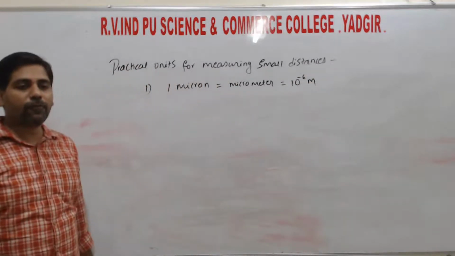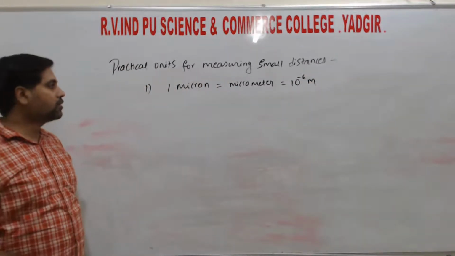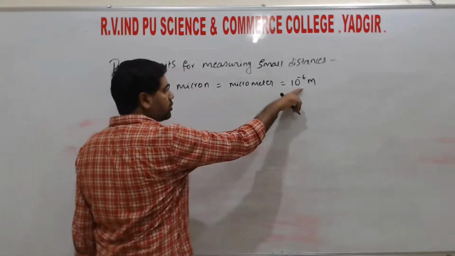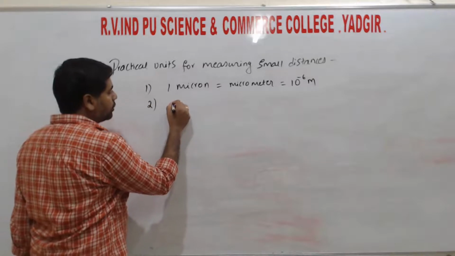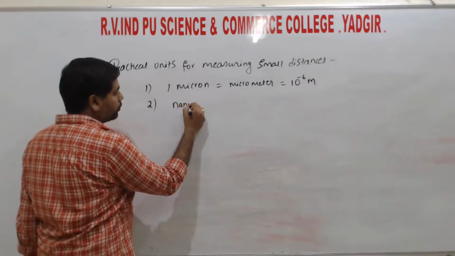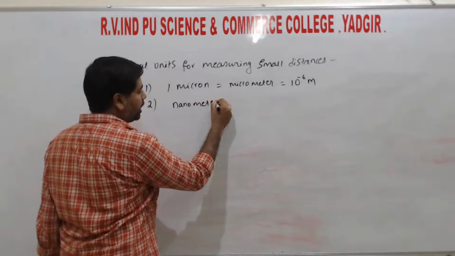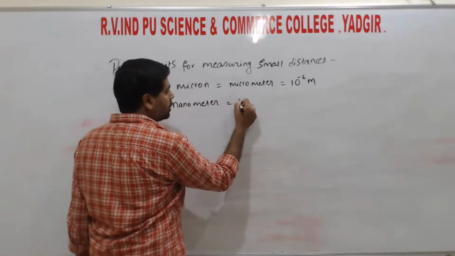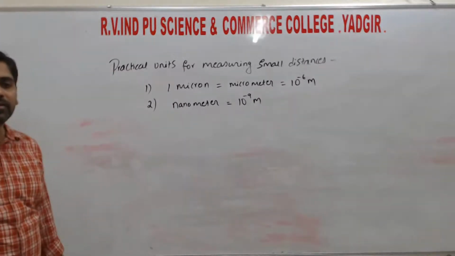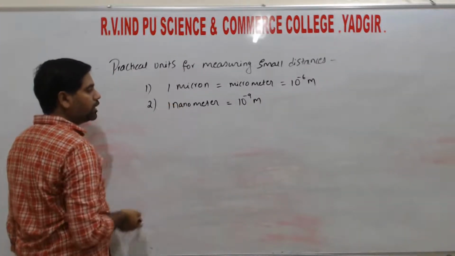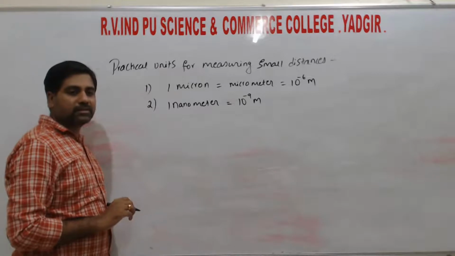So the value of micro is 10 to the power of minus 6. Next is the nanometer. The value of nano is 10 to the power of minus 9 meter, so 1 nanometer equals 10 to the power of minus 9 meter.